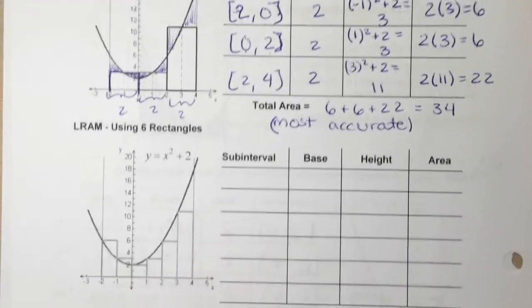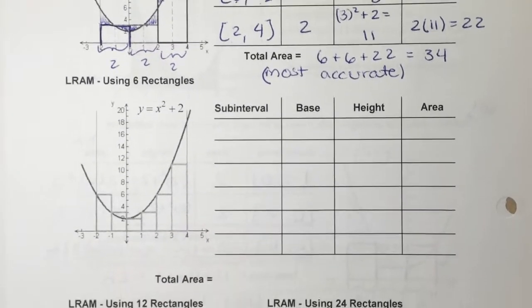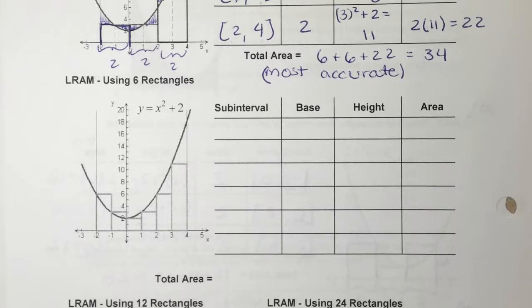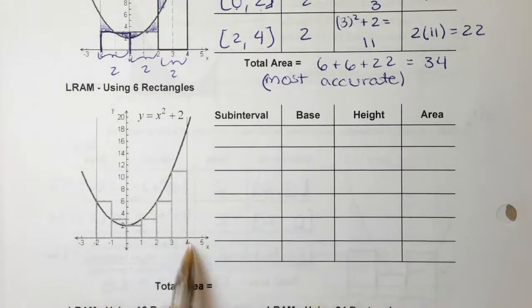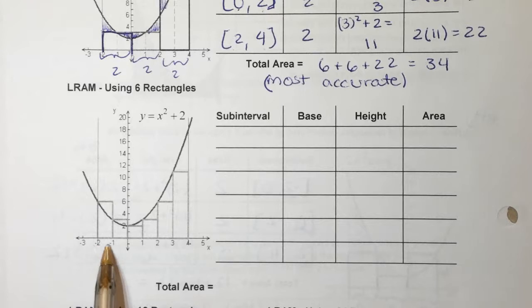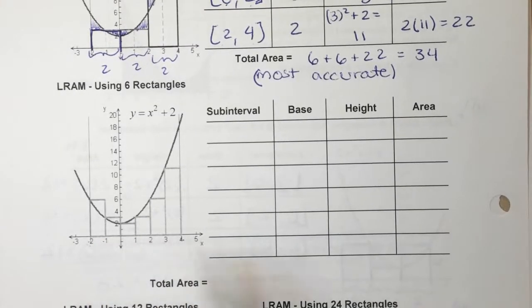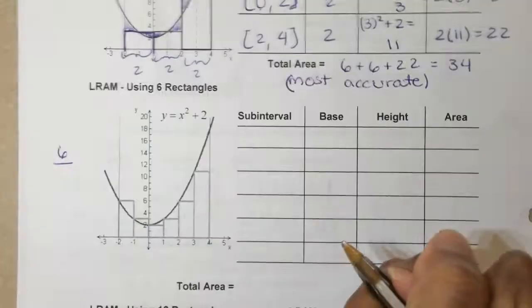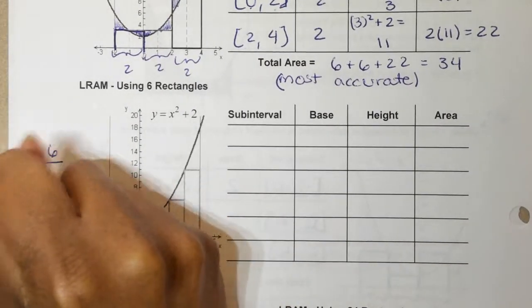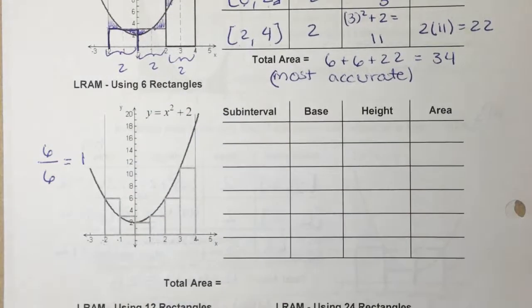Now let's look at the same example but using 6 rectangles. So now we have 6 subintervals. We're still going to go from -2 to 4, so that's already 1, 2, 3, 4, 5, 6 spaces. So if we have 6 spaces and we want to use 6 rectangles, then each rectangle will be 1 unit apart.